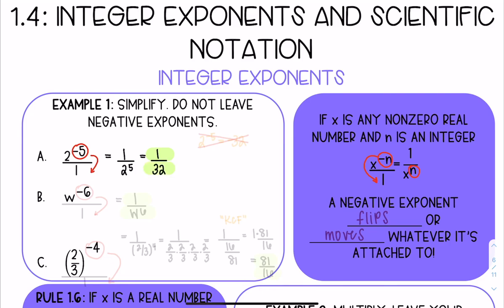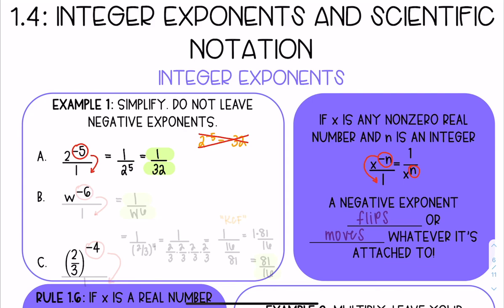Now you want to be careful with negative exponents, because sometimes people will mistakenly do 2 to the negative 5th, and then they just make this negative 32, which is not correct. You want to make sure that you flip it first and then evaluate the exponent.